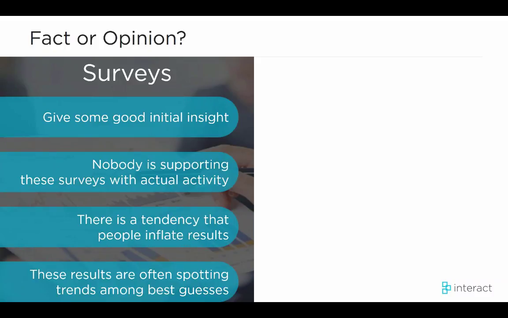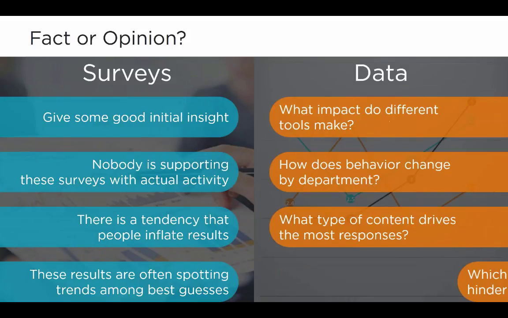And they can be really useful to provide some good initial insight. The only problem with surveys is they're only a partial view into what's actually going on. And primarily this is because this is an expression of opinion or what people think is going to happen. And so surveys inherently are somewhat incomplete.